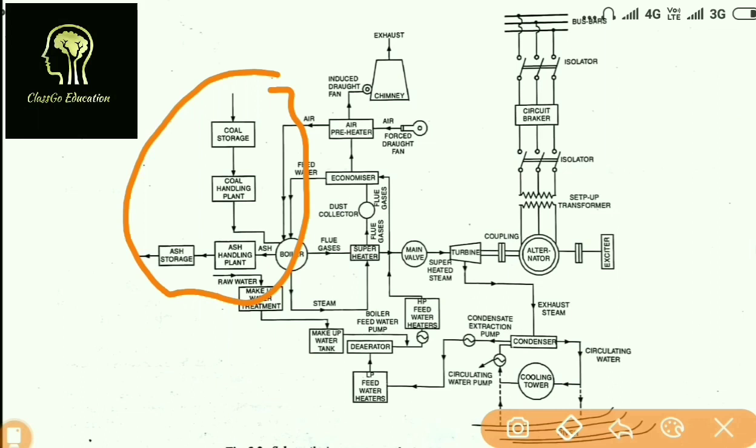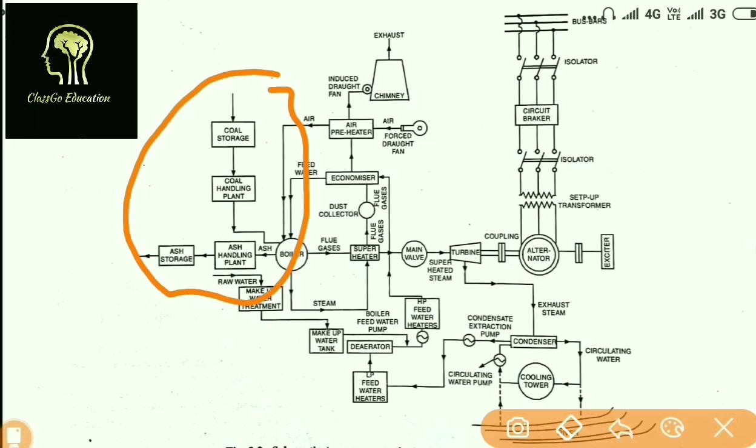The steam is expanded in a turbine which produces mechanical power driving the alternator coupled to the turbine. The steam after expansion in the prime mover is usually condensed in a condenser to be fed into the boiler again. In practice, however, a large number of modifications and improvements have been made so that the economy of a thermal power plant can be improved. So this is the basic concept.